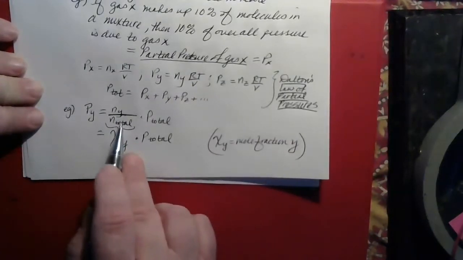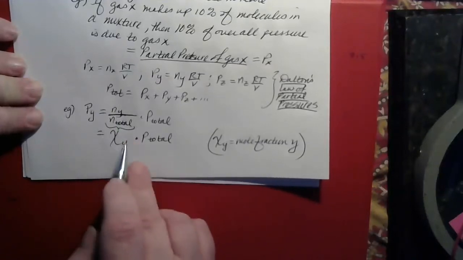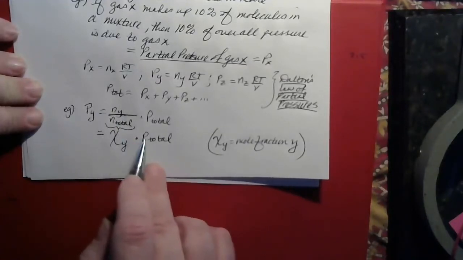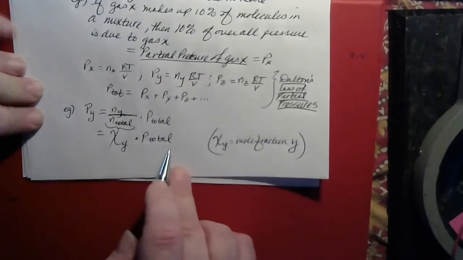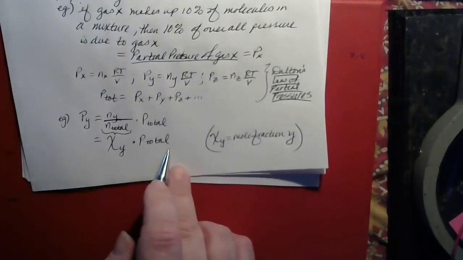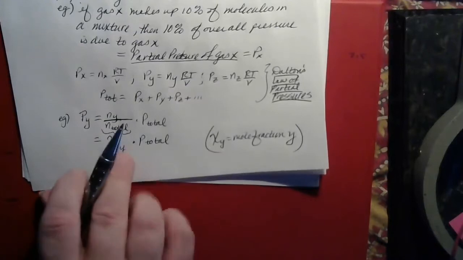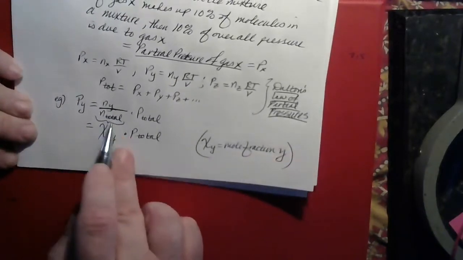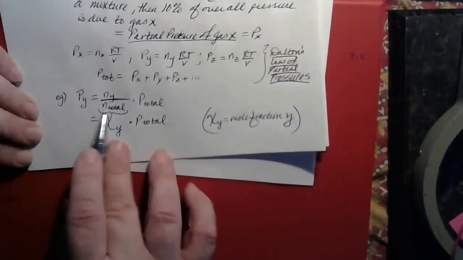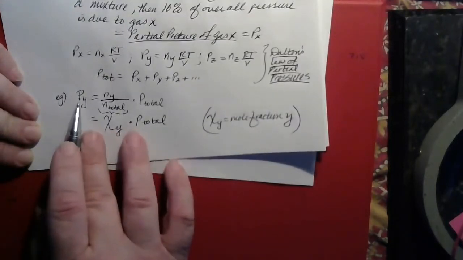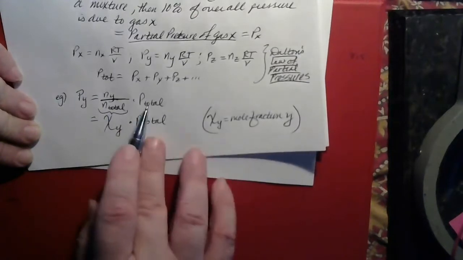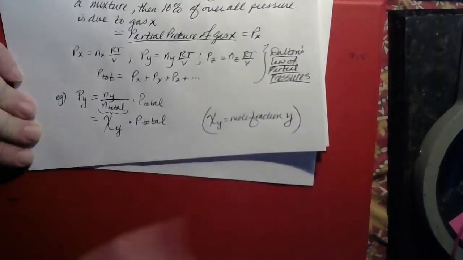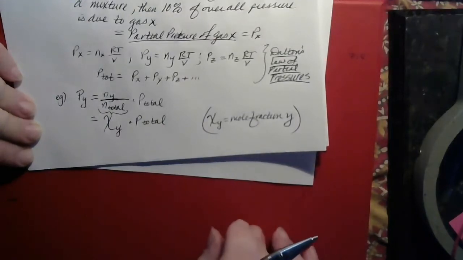So Ny over N total would be the mole fraction of gas Y. If gas Y makes up 10% of the molecules in the mixture, that means Ny over N total would be 0.1, and the pressure due to gas Y would be 0.1 times the total pressure, or in other words, 10% of the total pressure. Because 0.1 is 10%.